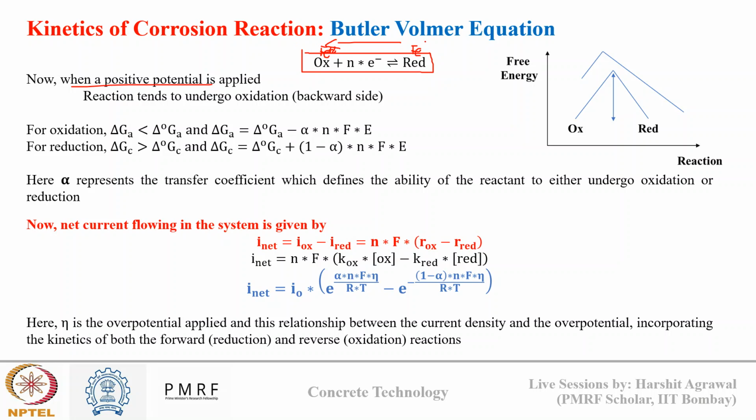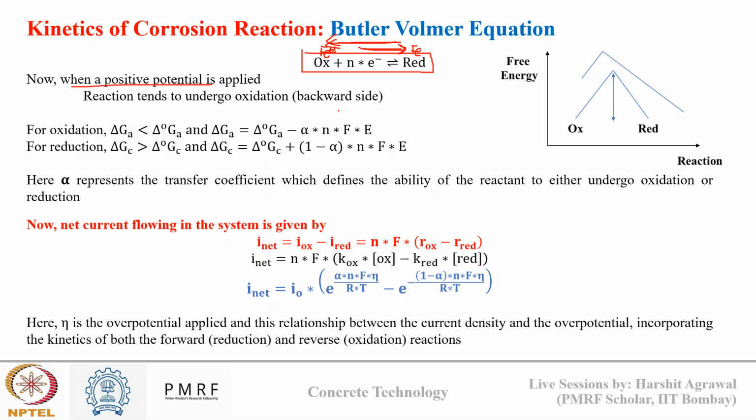Suppose I am adding more Fe to the system. What will happen? The equilibrium will move towards the backward direction. If my Fe is getting consumed more, then the equilibrium will move towards the forward direction. The same thing with Fe2+ and electrons also. If I'm consuming more Fe2+ ions, then the equilibrium will move towards the forward direction. If I'm consuming more electrons, then the equilibrium will move towards the backward direction.